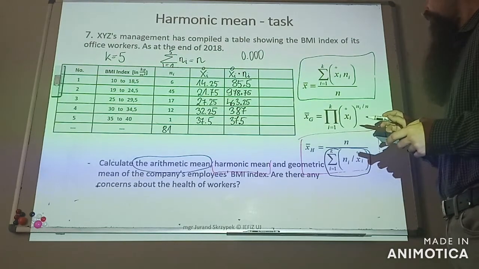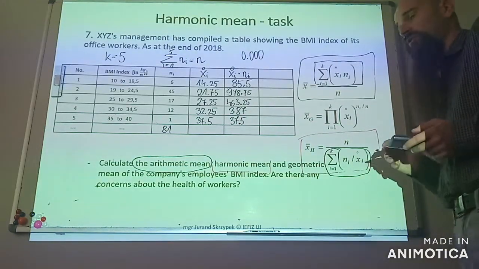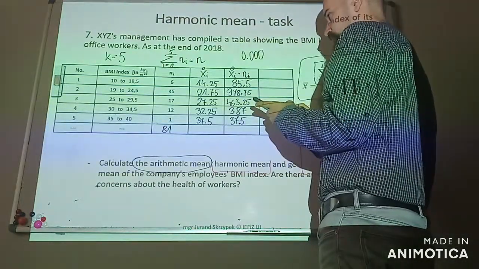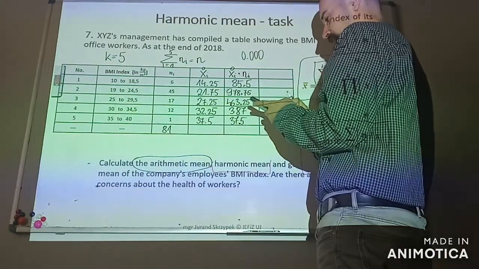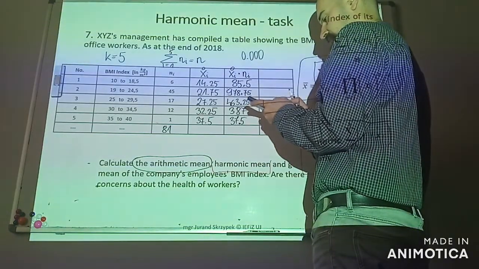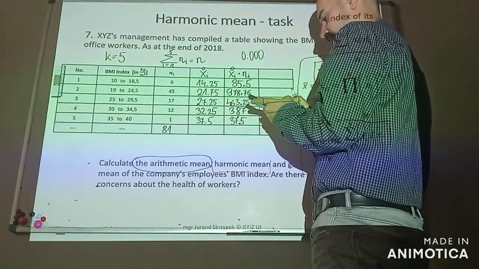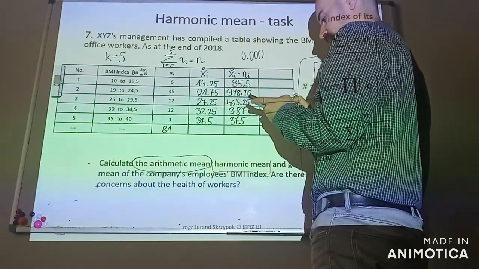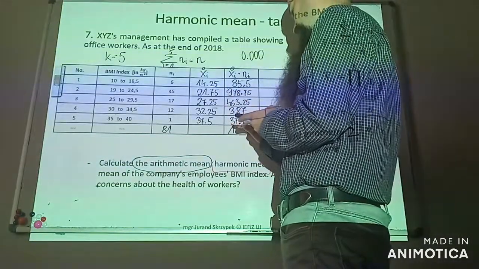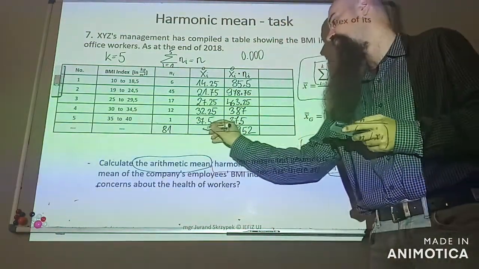And now we should compute the sum of these products, and the results are the following: 85.5 plus 978.75 plus 463.25 plus 387 plus 37.5, and the final result is 1952.75.